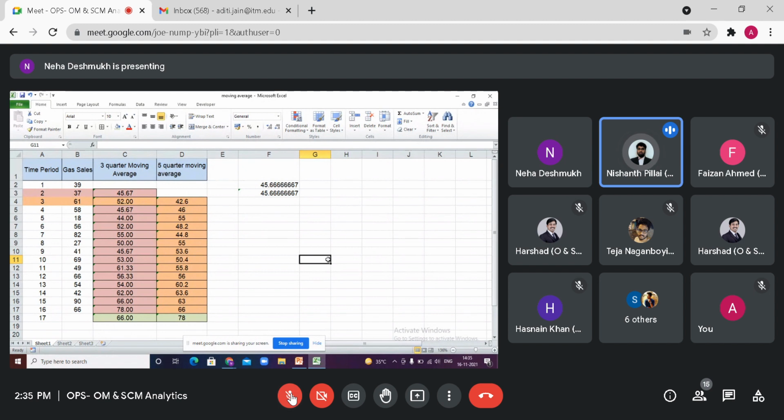What have you put in cells F2 and F3? F2 and F3 have nothing, it is an explanation of average. See the formula bar. Okay, okay.